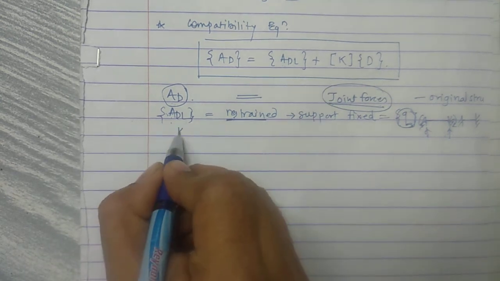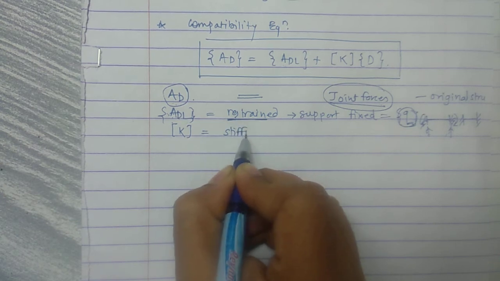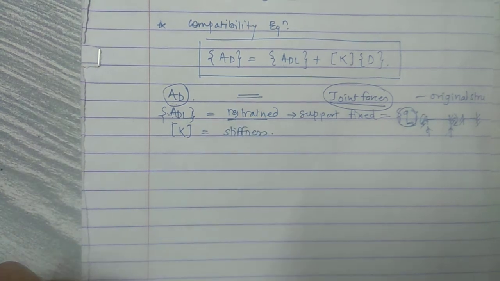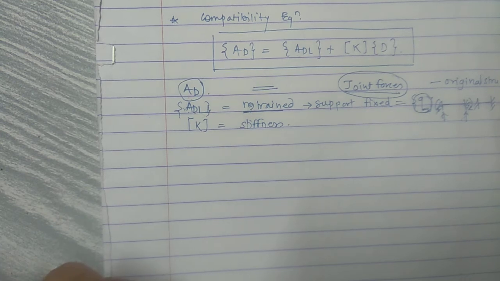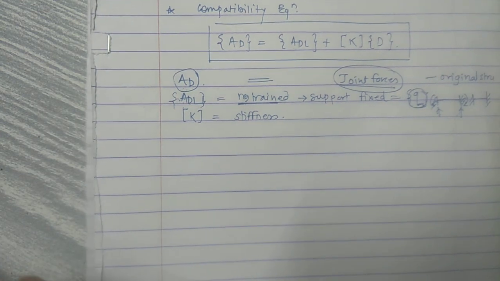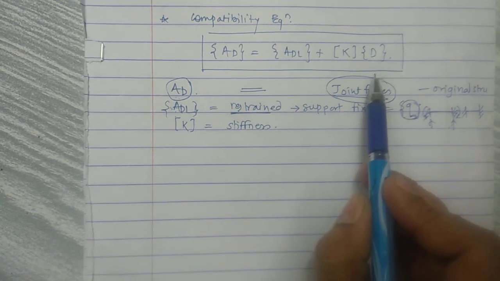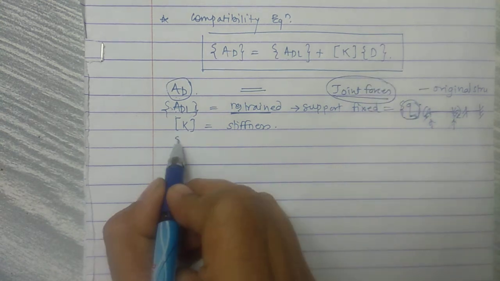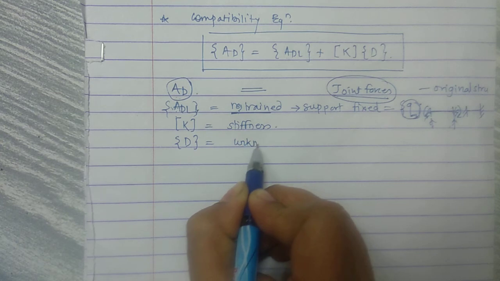Now this K, your usual stiffness matrix, you have to write using the direct approach, taking degrees of freedom one by one and writing all the elements of the stiffness matrix. The last term is D, the unknown displacement matrix.